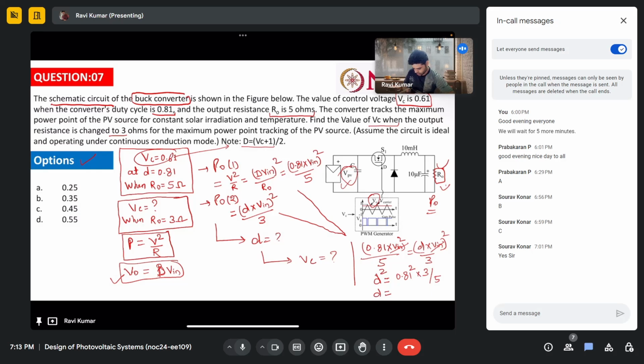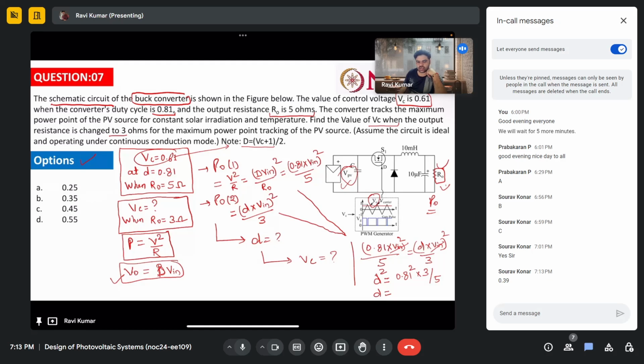0.81 square divided by 5 into 3, that is 0.31366. Take the square root as well, because it is D square.